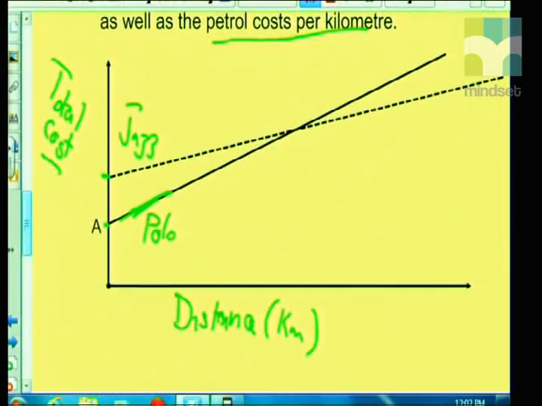So just by comparing the initial costs, when the distance is 0, I'm only looking at initial costs, and that's what I've done on the vertical axis. On the total cost axis, the one that goes up and down, Polo is below the Jazz.